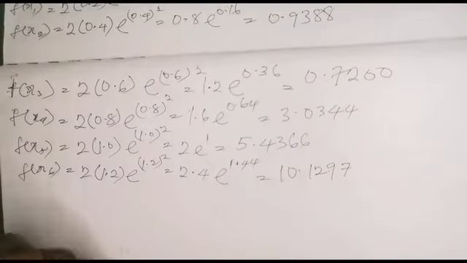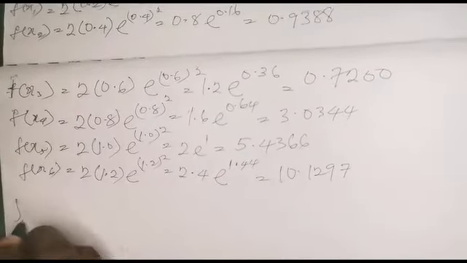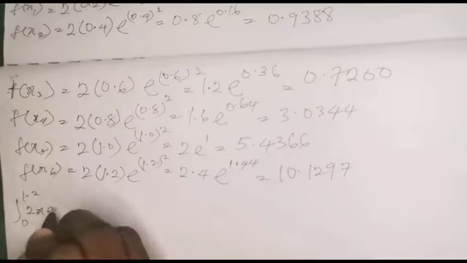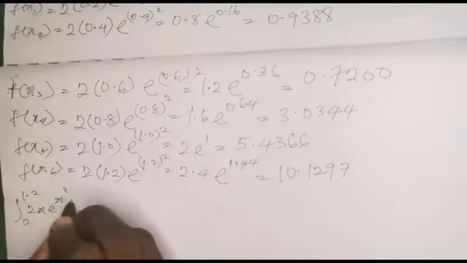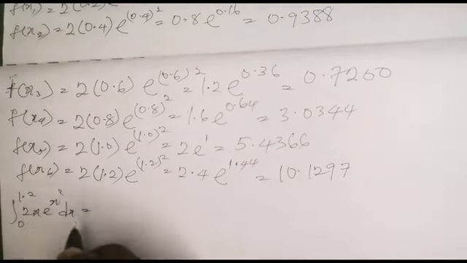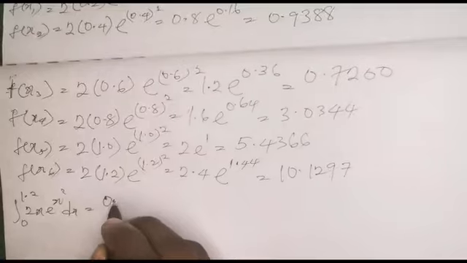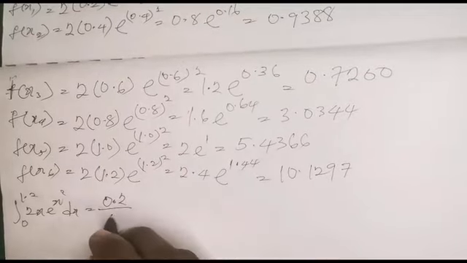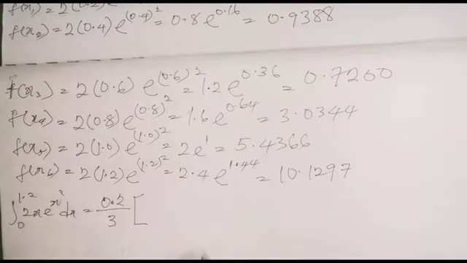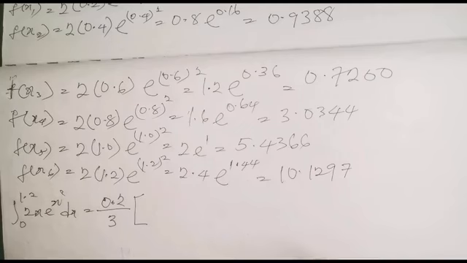So that means the integral from 0 to 1.2 of 2x exponential x squared dx is going to be equal to h, the interval, giving us 0.2 all over 3. Remember, it is in minutes. Now, we are multiplying by the first function, f of x naught. We don't multiply by any value.